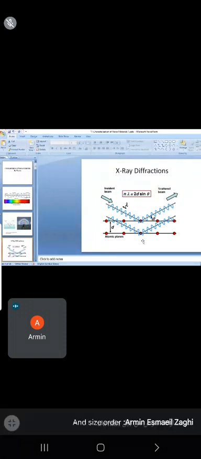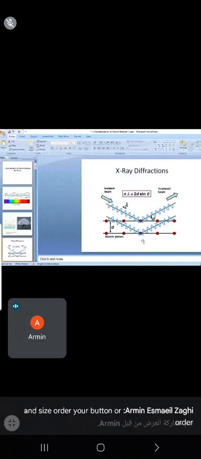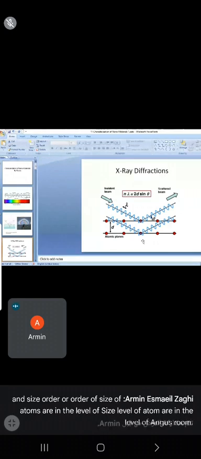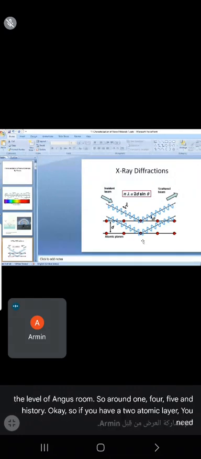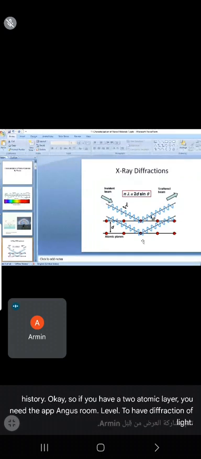The order of size of atoms is in the level of angstrom. So around 1 to 5 angstrom. Okay. So if you have two atomic layers, you need the angstrom level to have diffraction of light.